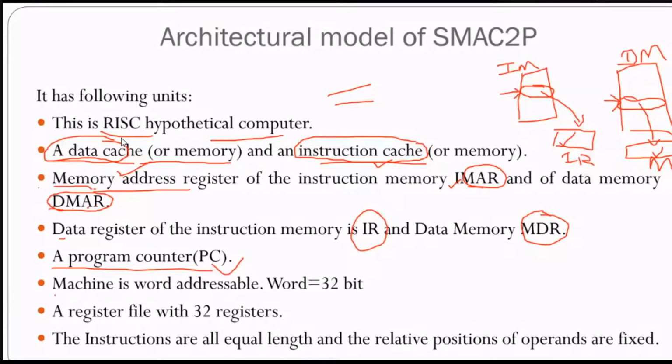Machine word. So यहाँ पे आपका जो instruction होगी, यहाँ पे जो operation होगा, वो हम word addressable operation perform करेंगे. So word addressable means what? At a time we will operate on 32-bit data. So SMEC2P is our word addressable machine in which you can operate on 32-bit data at a time.